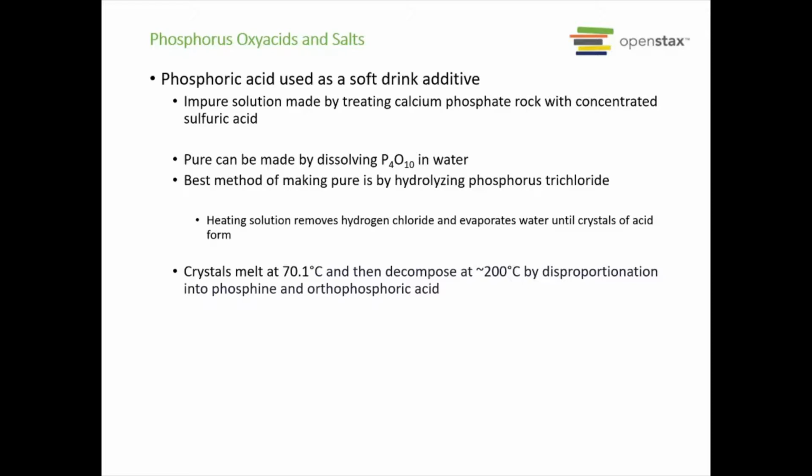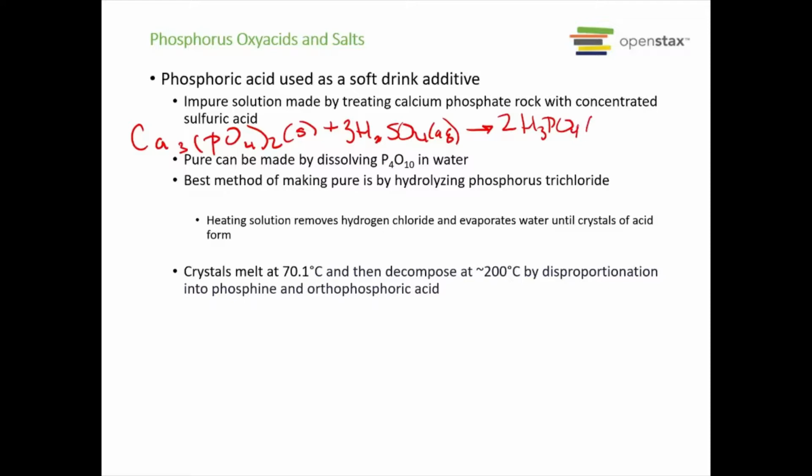So the reaction when we take that calcium phosphate rock, we have Ca3(PO4)2, and this is reacting with sulfuric acid, concentrated, but it's still aqueous, and that gives us 2 H3PO4 and some calcium sulfate.